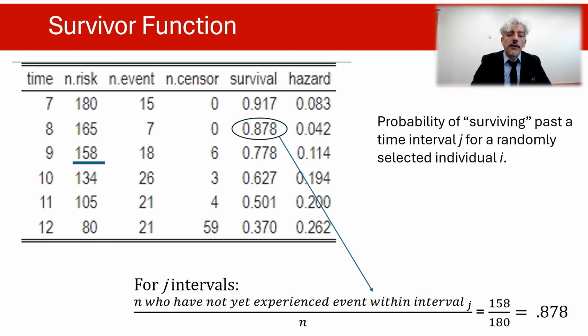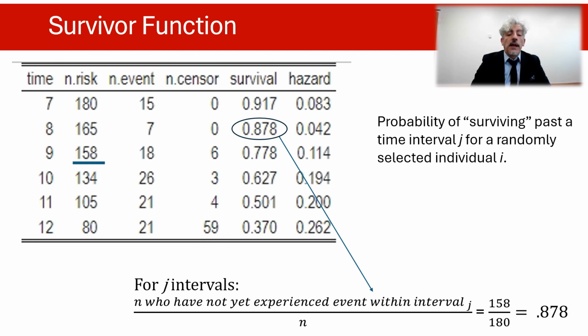While at the start of the study all participants are survivors by definition, they have not yet experienced the event. By the end of the first year, for example, here the probability of surviving is approximately 92%. By the end of year 8, it's 88%. And since this is a cumulative estimate, the probability of surviving will never increase over time.